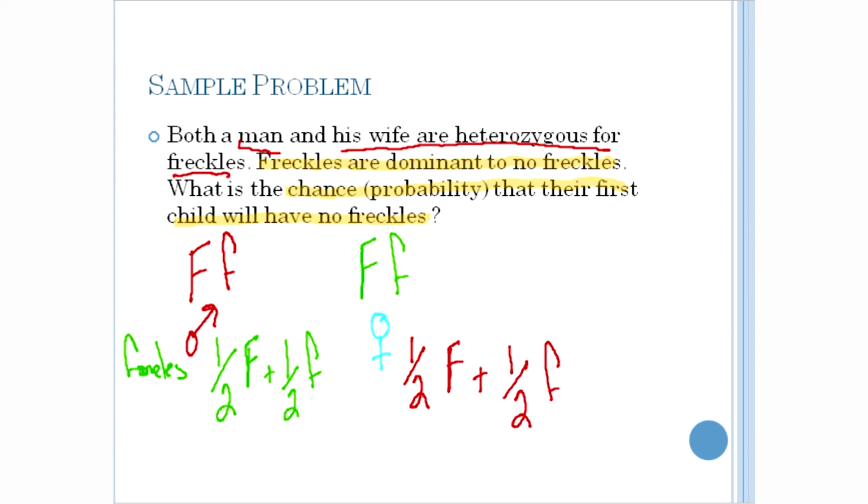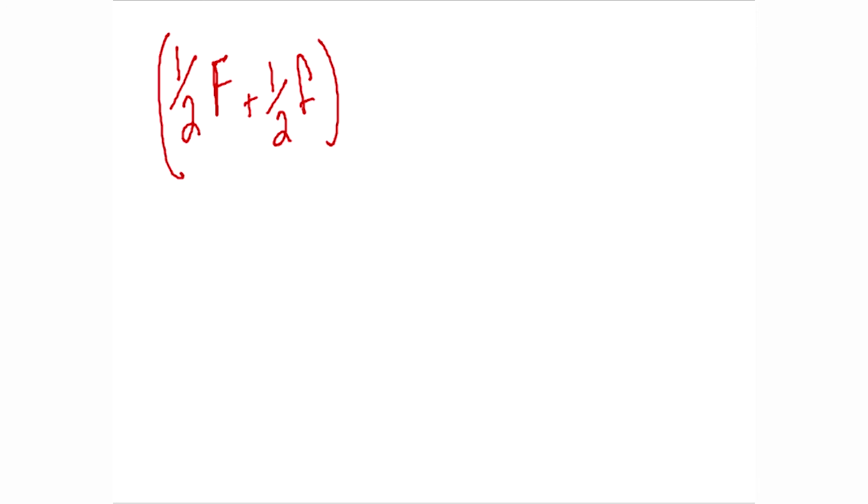We then will multiply these two terms together. So we have 1/2 big F plus 1/2 little f multiplied by 1/2 big F plus 1/2 little f.